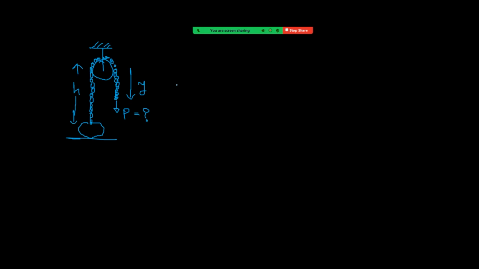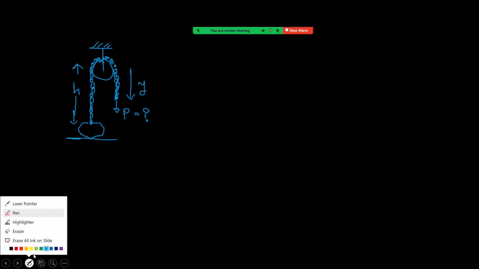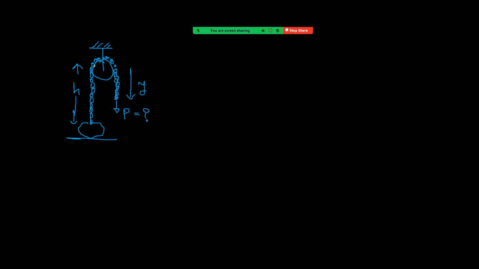Now focus carefully. Let us consider up to here this part and again this part here. You can see the force acting on these two parts of the chain. And one important point: the velocity is given as constant.